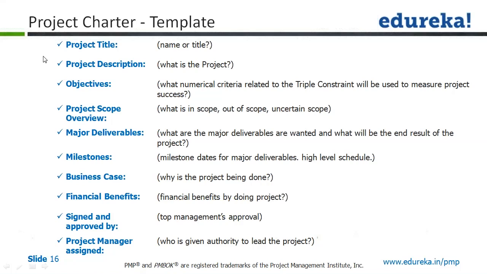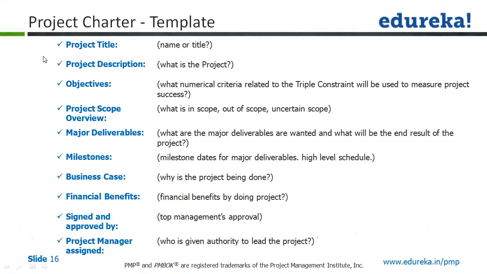And what those fields are: number one, the charter must talk about the project description, and what the objectives are. The objectives should very clearly give you a message on the triple constraint.